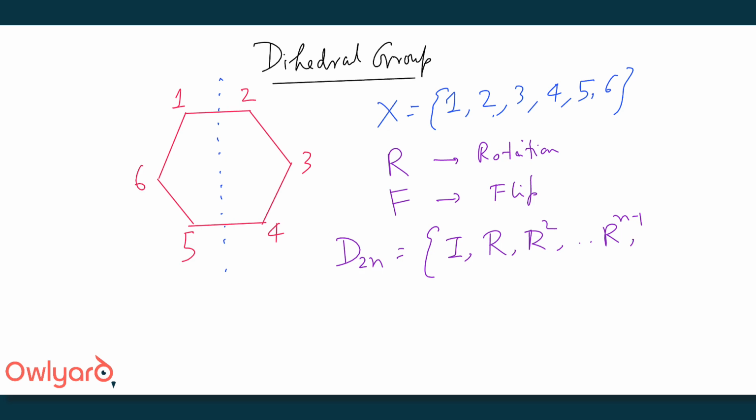But there are other elements because there is an F. Similarly, F and RF, which means flip followed by rotation, and then R squared F, and all the way to R to the n minus 1 F. Now, the criteria here is, of course, that R to the n is the same as identity, and F squared is the same as identity, right?